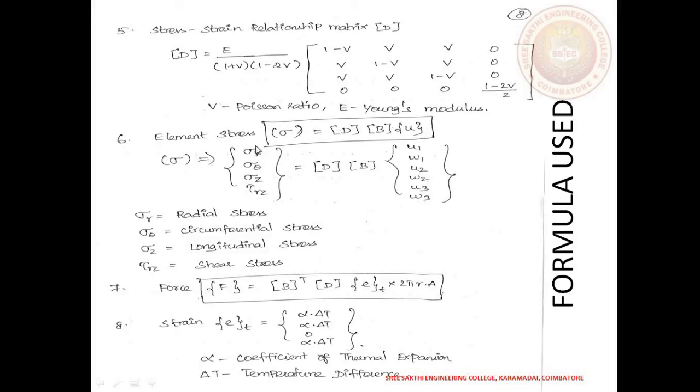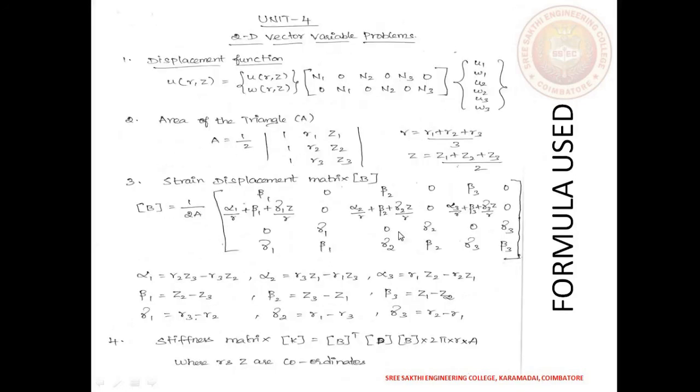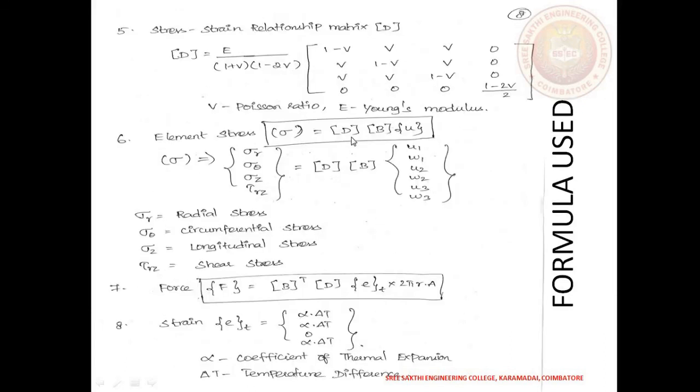Then the sixth one is element stress. We need to calculate the element stress for a particular element. So that is sigma is equal to D into B into U. The D matrix, that is the constitutive matrix or stress strain relationship matrix, and B we already have in the third formula. You multiply them with respect to u1, omega 1, u2, omega 2, u3, omega 3.